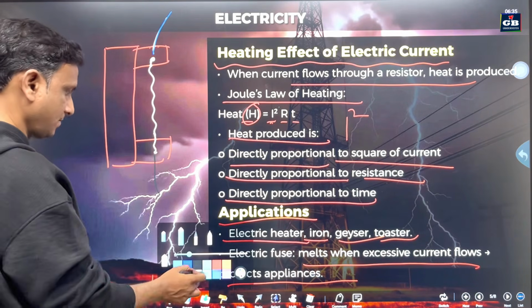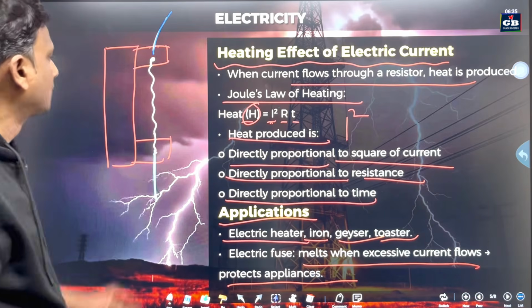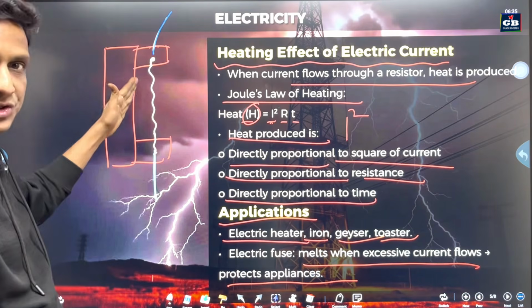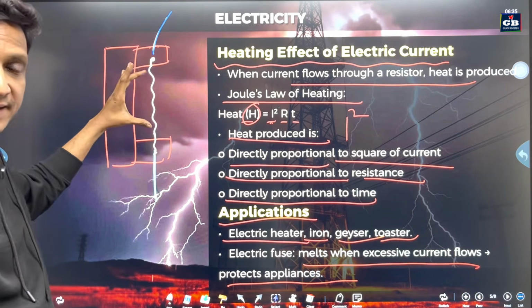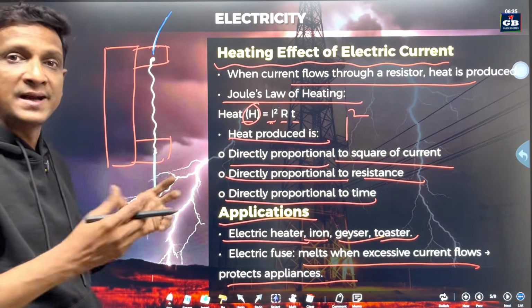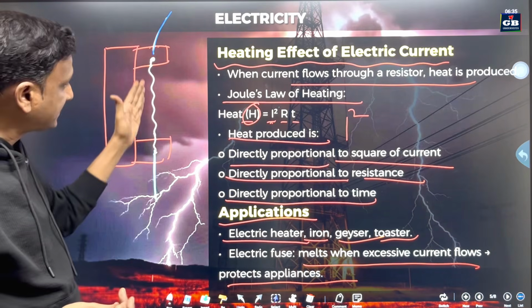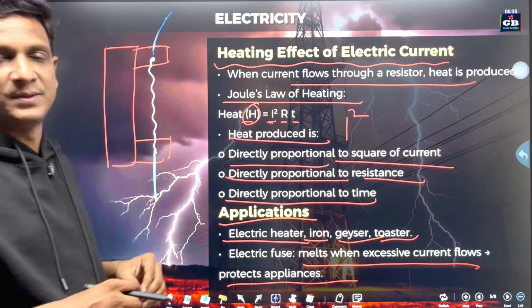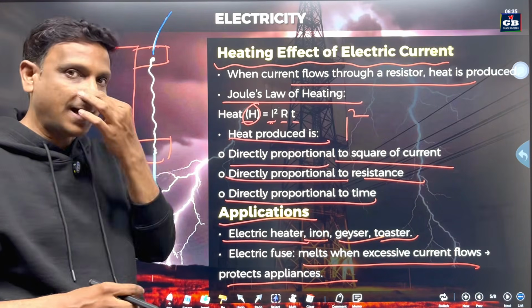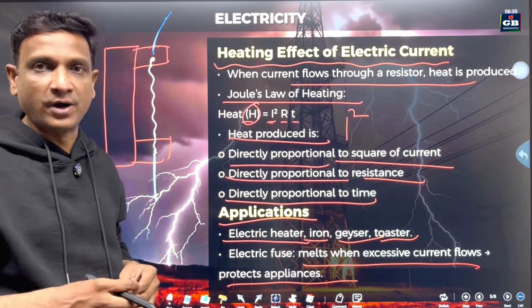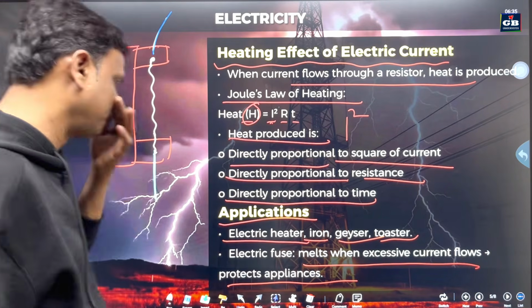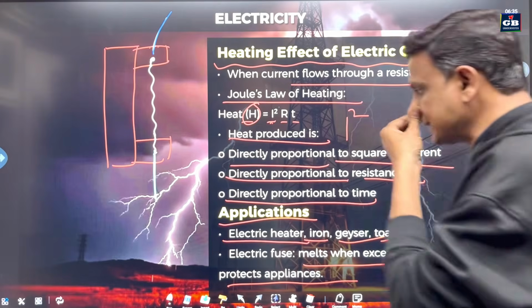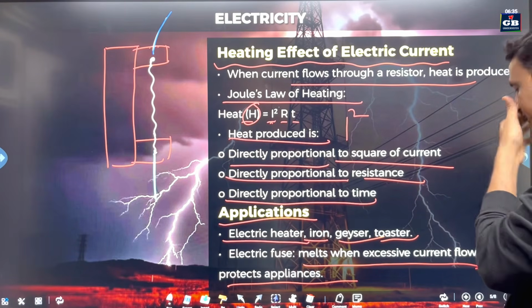So the current passes through the fuse, but here the fuse wire, when there is more temperature, it melts. If more current is passing through the fuse wire, the fuse wire melts and it stops the supply of the power. So by that our gadgets are not spoiled because of high voltage, right? So that is the application of the heating effect of electric current.